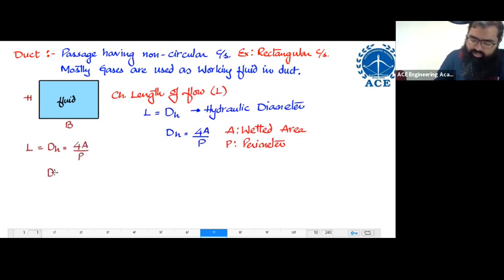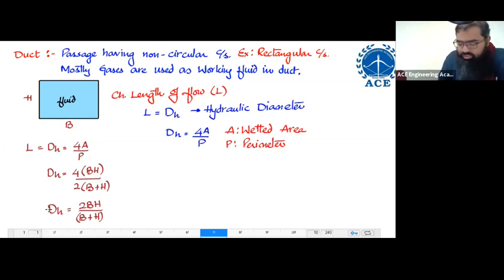The area is B times H. The perimeter of a rectangle is 2 times (B plus H). Therefore, the value of D hydraulic will be equal to 2BH upon B plus H.